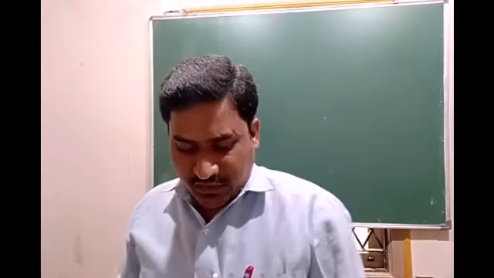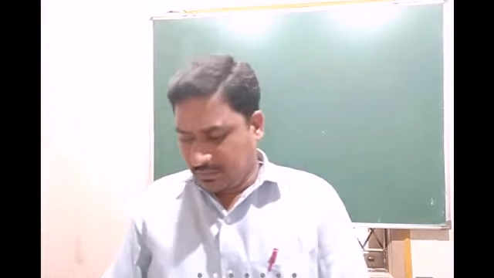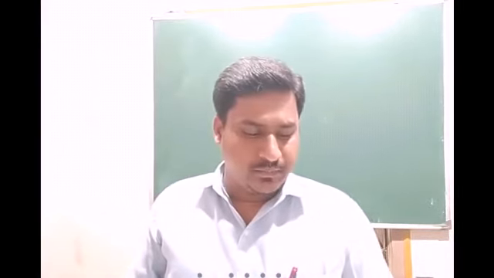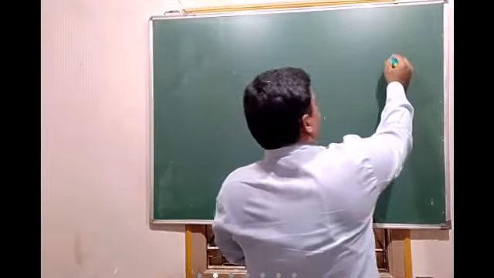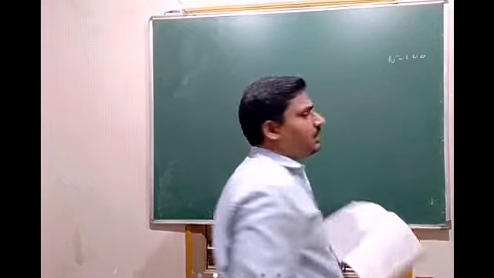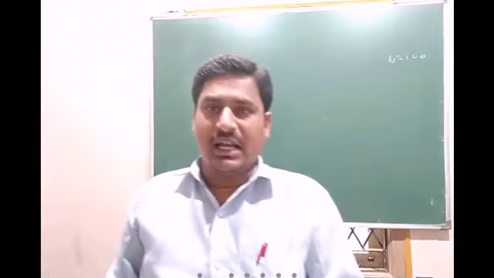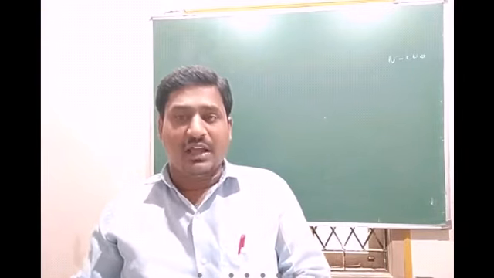Okay, so first problem, page number 238, problem number 3. I will read the problem. A sample of 100 students is taken from a college. So n is equal to 100. If the mean and SD, standard deviation, of their weights are 51 and 5 kg.